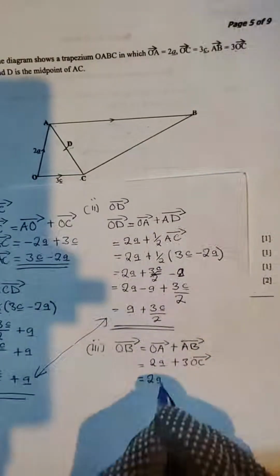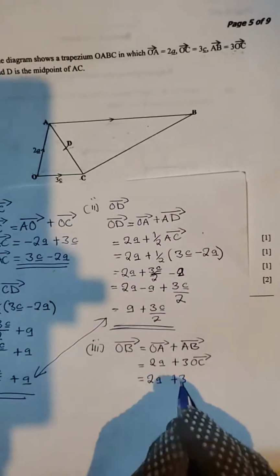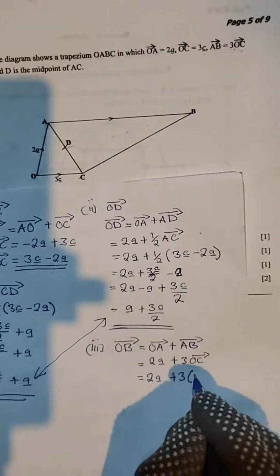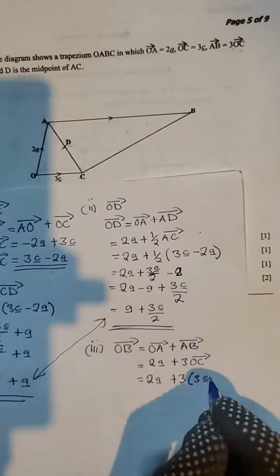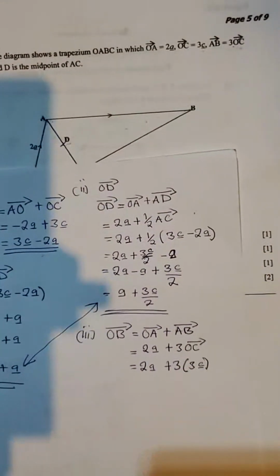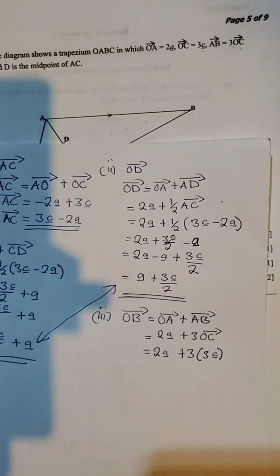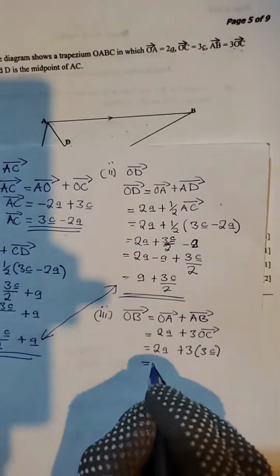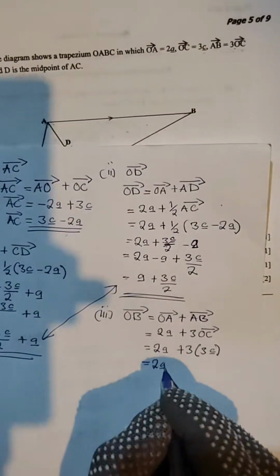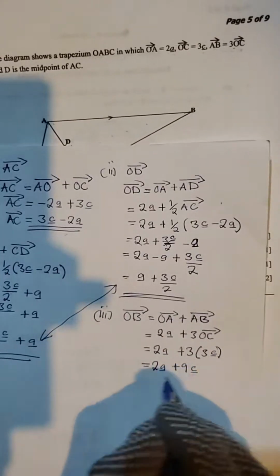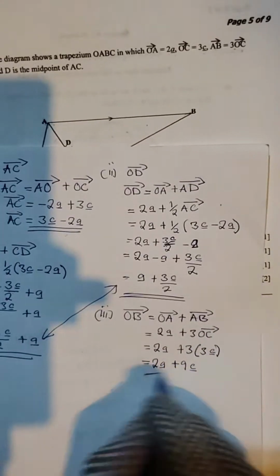So 2 vector A plus 3, and OC is 3 vector C. Multiplied by 3 vector C. You see? We're still going to find 9. So 2 vector A, 3 times 3 is 9, 9C. You can factorize. This is the answer.